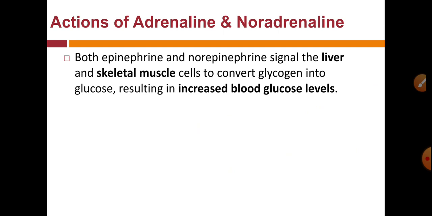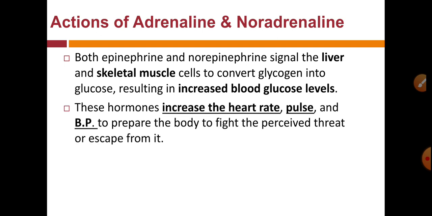Then important actions of adrenaline and noradrenaline: they stimulate the process of glycogenolysis, that means breakdown of glycogen into glucose, so that glucose level in the blood increases. So they are also responsible for increase of our BSL, that means blood sugar level.